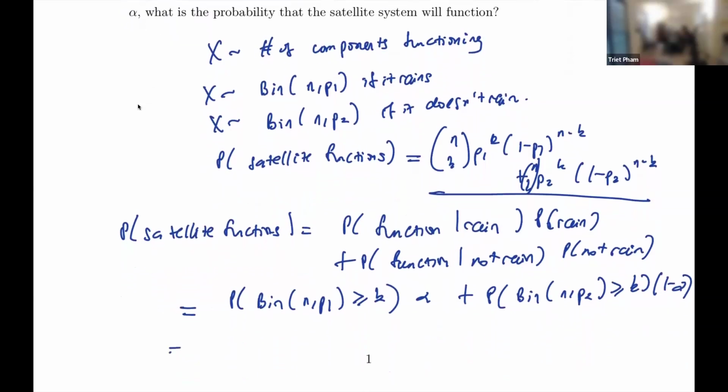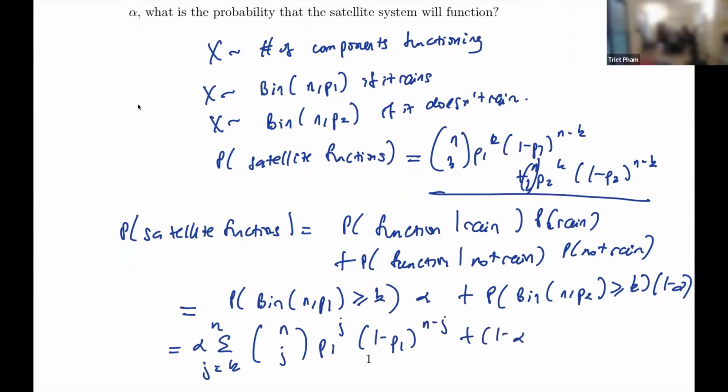And now finally, we can use the binomial expression to finish the problem.